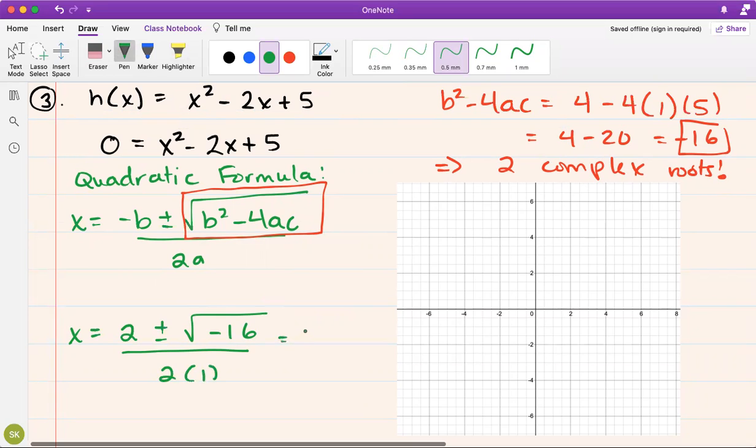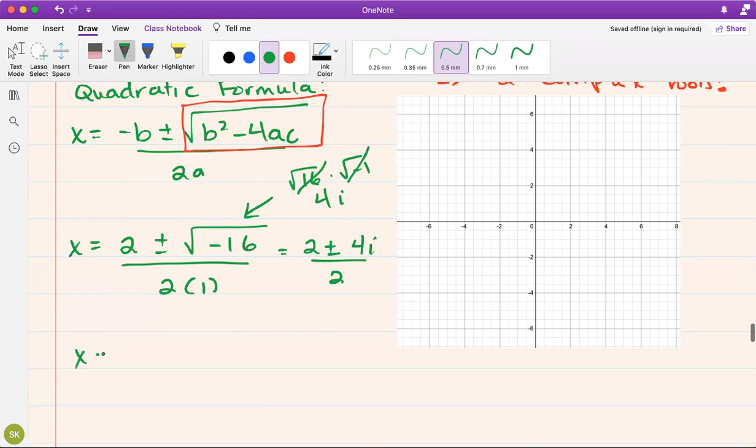So this is 2 plus or minus. Notice that the square root of negative 16 is the same thing as the square root of 16 times the square root of negative 1. Just breaking it into two pieces. And this is 4, because this is a perfect square. And this is i. So we get 2 plus or minus 4i over 2. Let me write it down here.